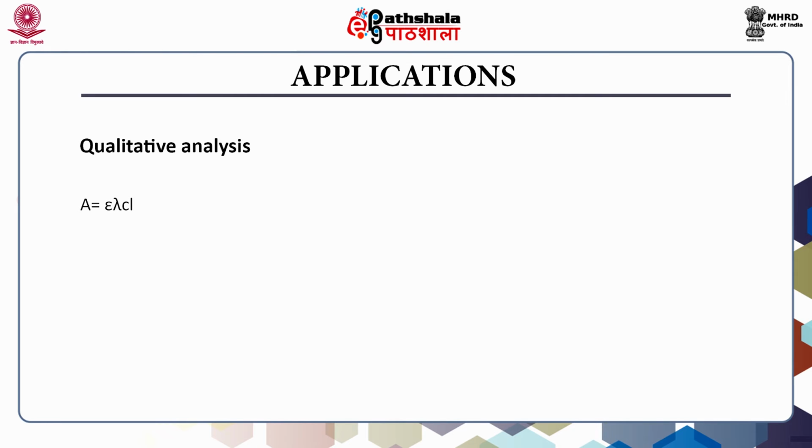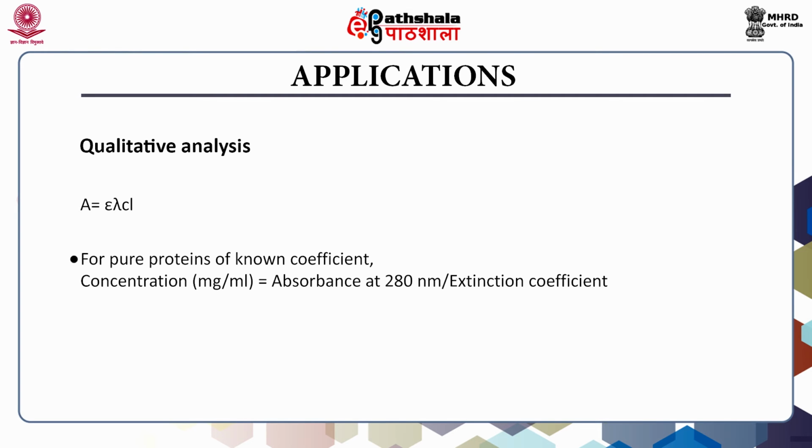If the value of the molar extinction coefficient is known, it is possible to calculate concentrations directly from absorbance readings at a specific wavelength. For pure proteins of known coefficient, the concentration can be calculated by dividing the absorbance at 280 nanometer by the extinction coefficient.